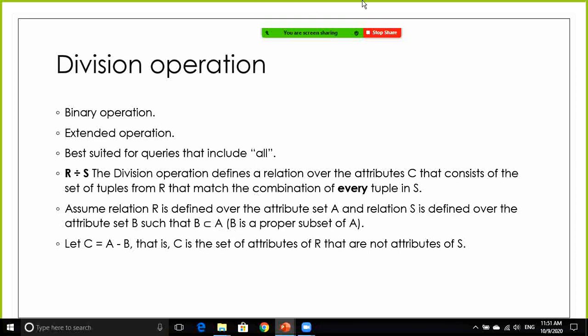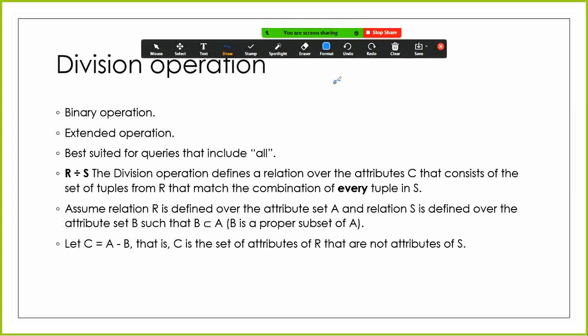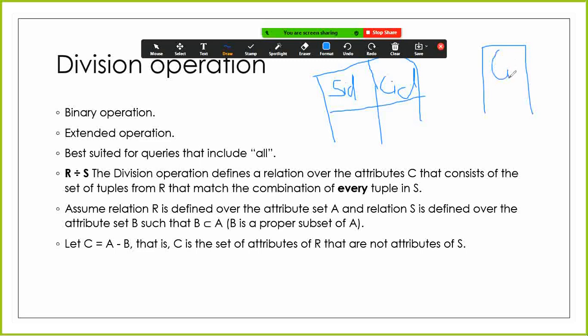So how? Let's see an example. Here we have relation R and we have SID and CID in relation R. Then we have different values here, and here we have relation S and we only have this CID.